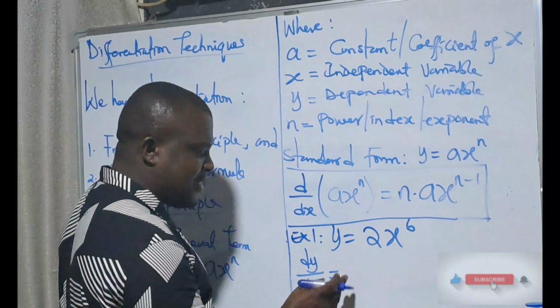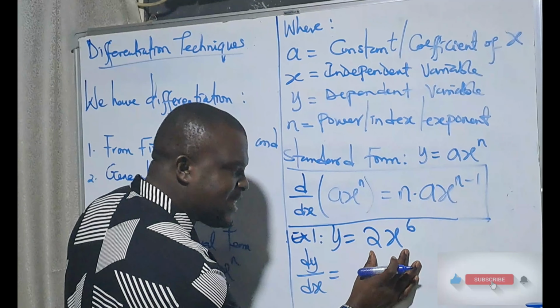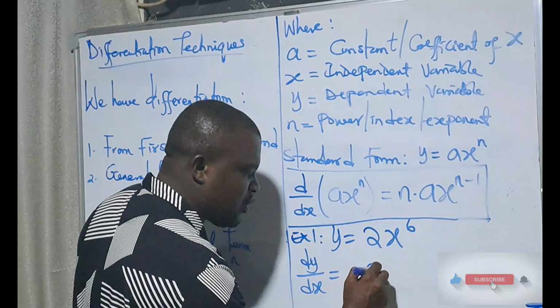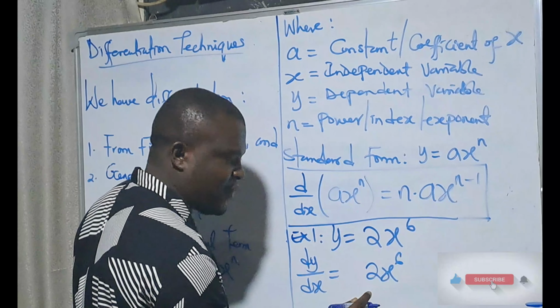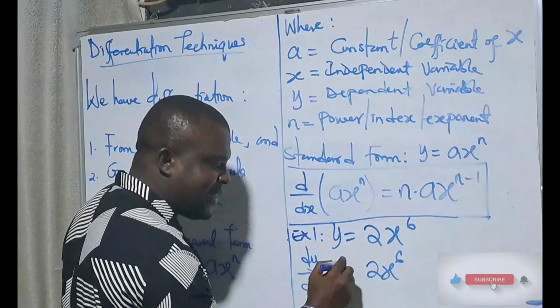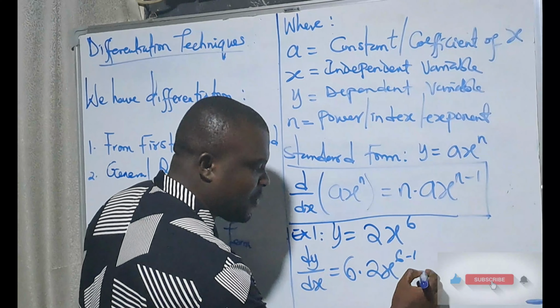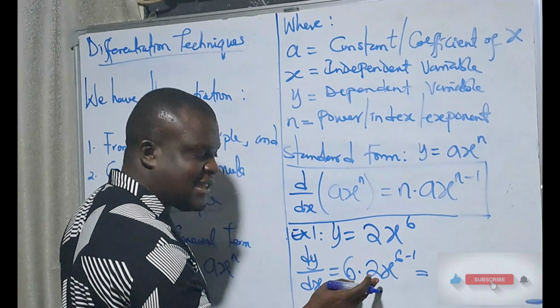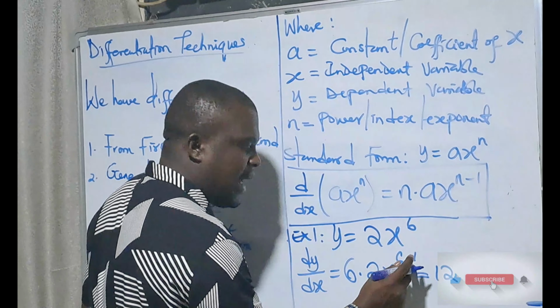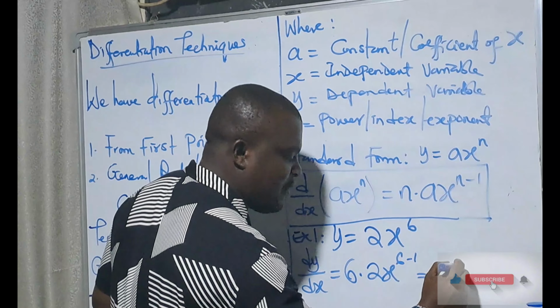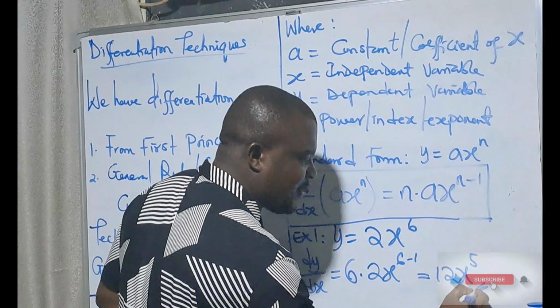What I advise is this: leave a space and write back the question. The question is 2x raised to power 6. The next thing you do, bring the power down to multiply the question, and take away 1 from the power. So what we have is 6 times 2 is 12, and then take away 1 from 6, we have x raised to power 5. That's the final answer.